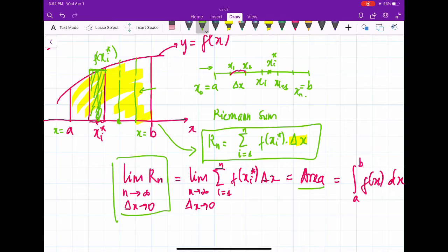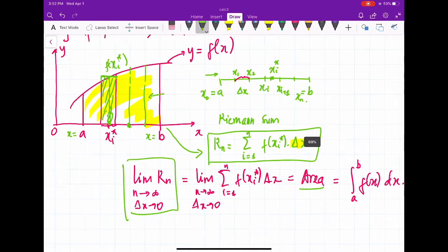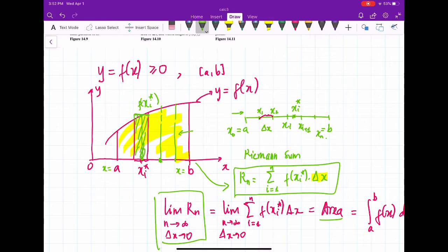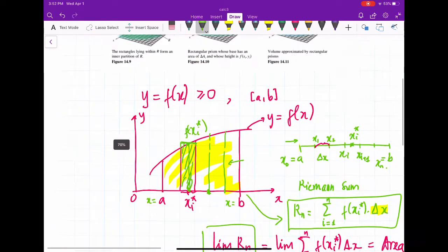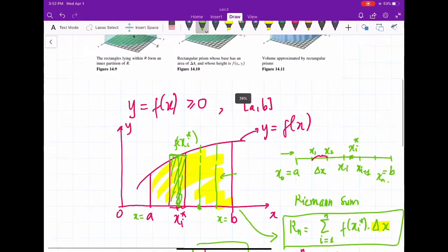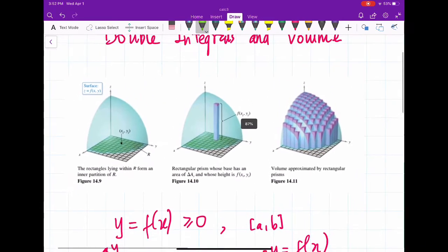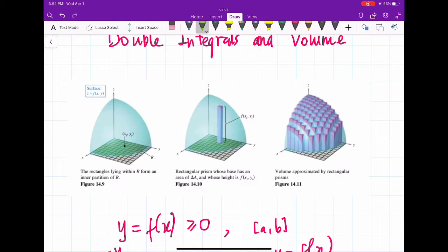Okay? Now let's consider the problem how to find volume of a solid region using the same idea. Let me explain that first, and then we'll write out in detail. Suppose now we have some function z equal to f of x, y, and this function is greater than or equal to 0.